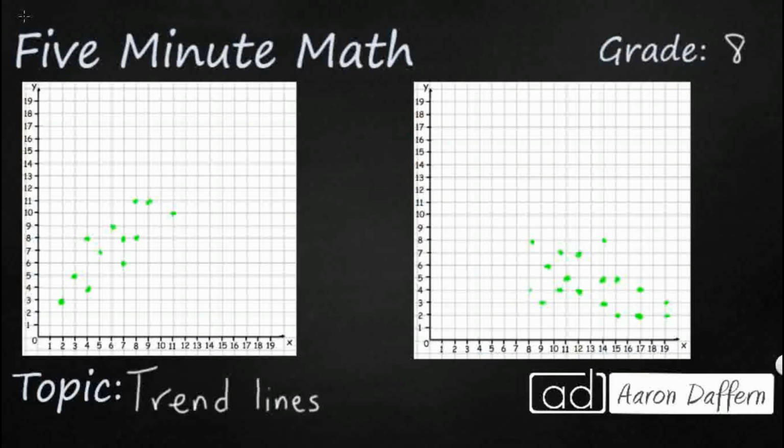Let's start with this one on the left. You notice that my data is moving from my very bottom point here, this (2, 3) right here, and it's sloping up. What we're doing is looking for a trend, kind of like an average.